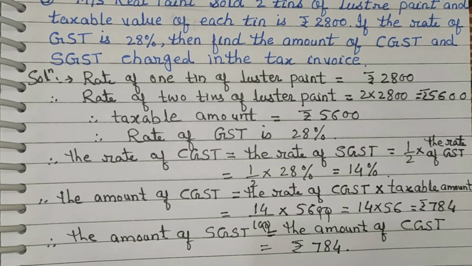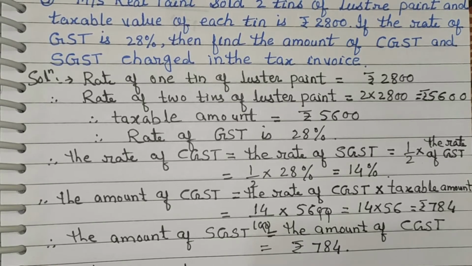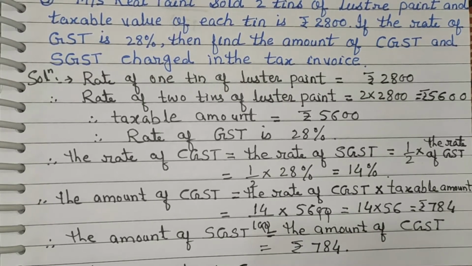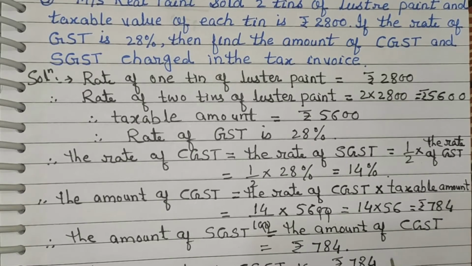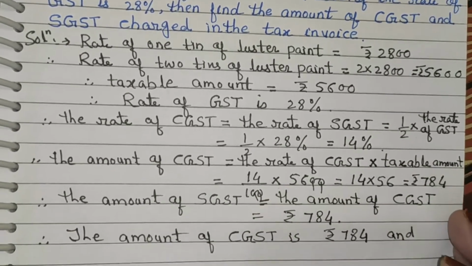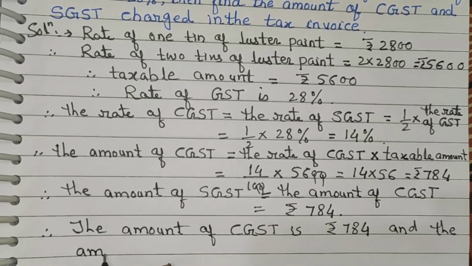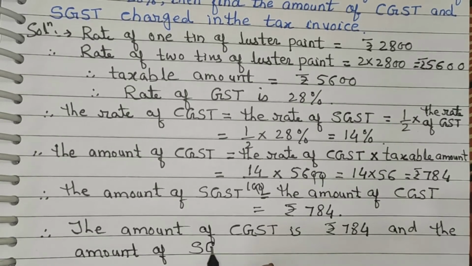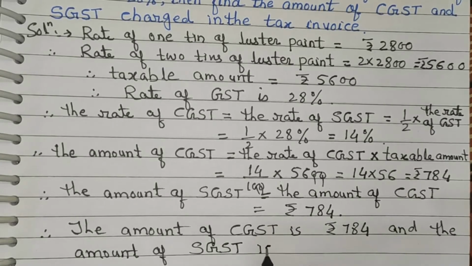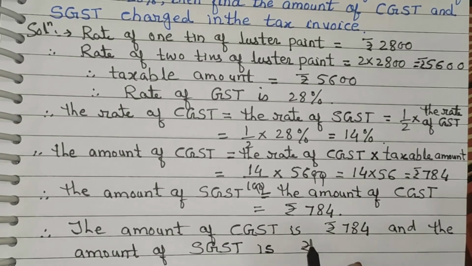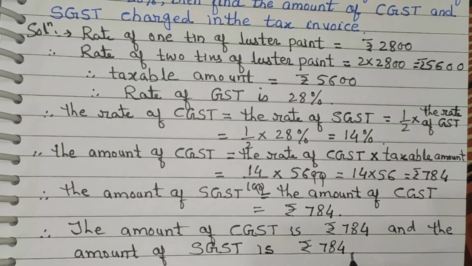The amount of CGST is rupees 784 and the amount of SGST is also rupees 784.